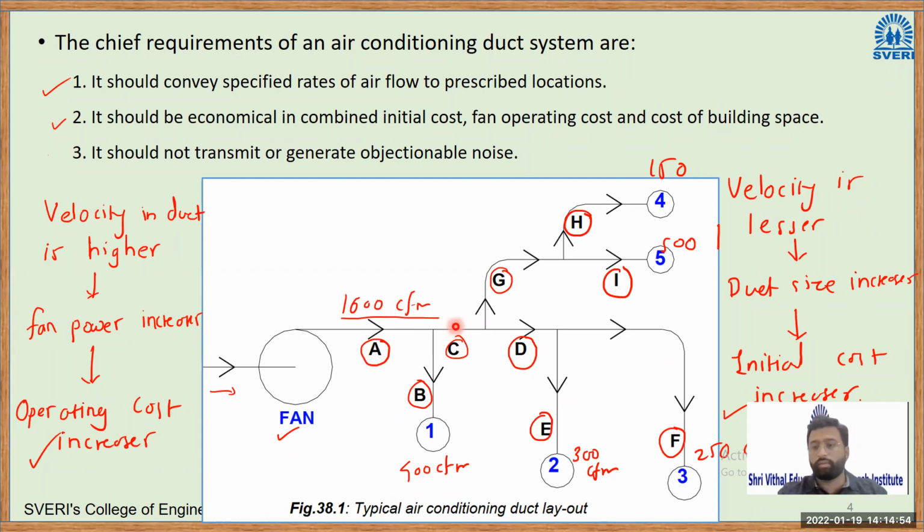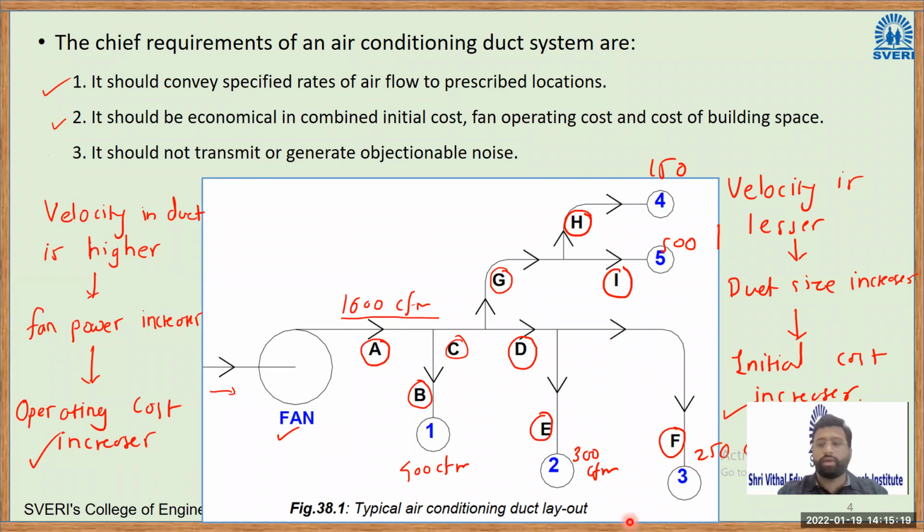Again, the size of the duct will decrease. Again, this part is removed, 650. The remaining 550 is remaining here, right? So again, the size of the duct will reduce. Again, at this junction, 300 CFM is removed, so 250 remains. So for 250, again, the size of the duct will reduce. And finally, we come here at point number 3.